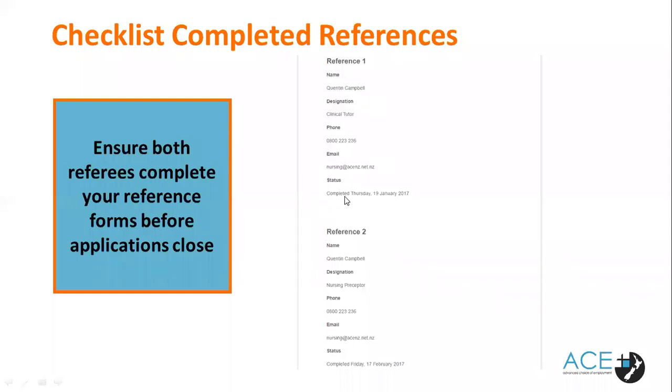And this is where you can check whether your reference has been completed or not. So if it has been completed, you will see there's a line that says when it was completed. And if it hasn't been completed, it will be blank. So this really falls on you, and it's your responsibility to make sure that the status is set as complete. And if not, it's always good to contact your referees and remind them.